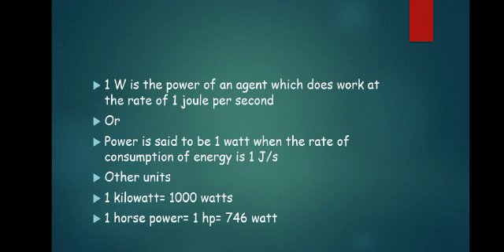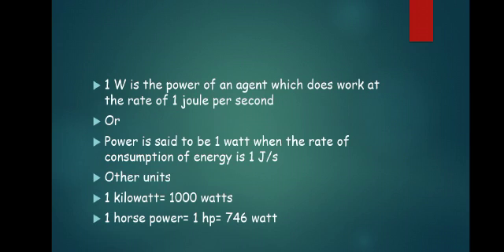Or we can say power is 1 watt when the rate of consumption of energy is 1 joule per second. So when we are consuming 1 joule of energy per second, then we can say that power is 1 watt.